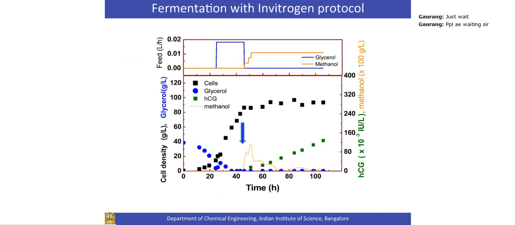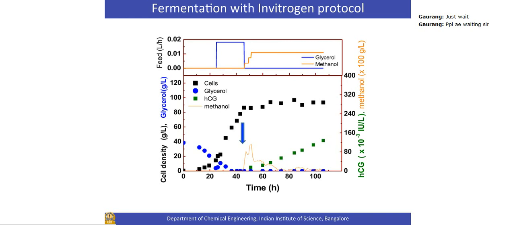Now, there are certain standard protocols which industry follows, and this is one of those protocols given by a company. The way it is done is to initially provide a lot of glycerol and allow the cells to consume that glycerol. So glycerol gets consumed progressively.